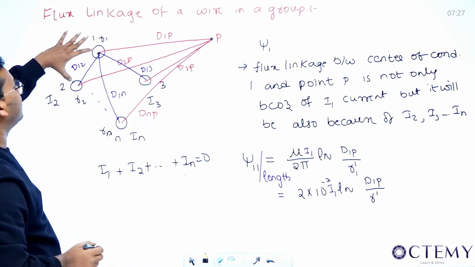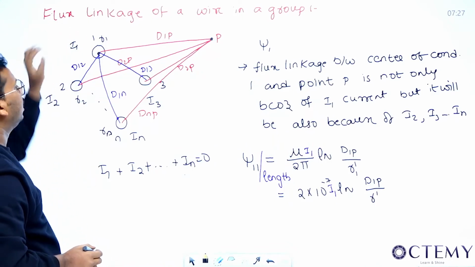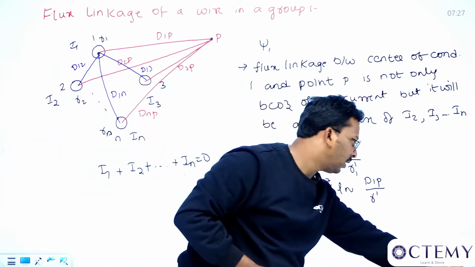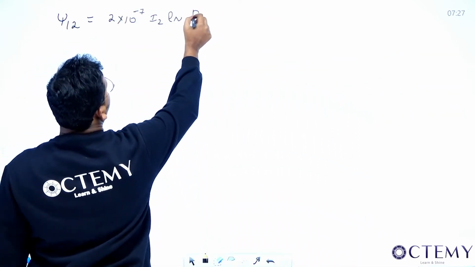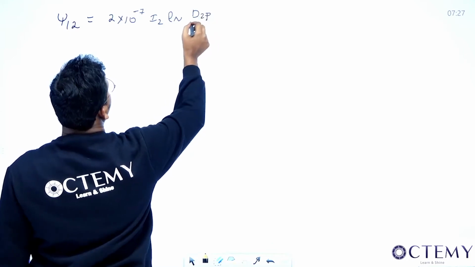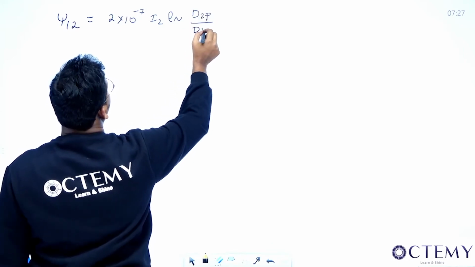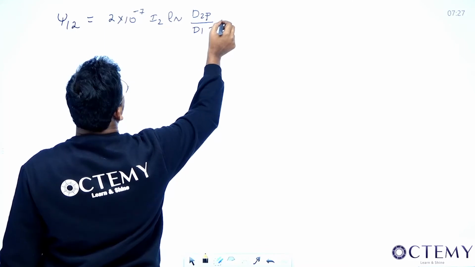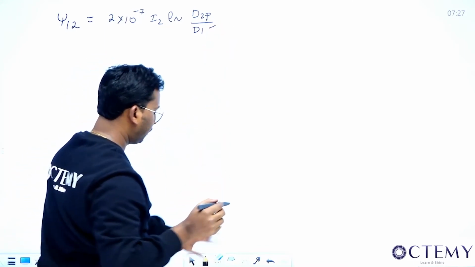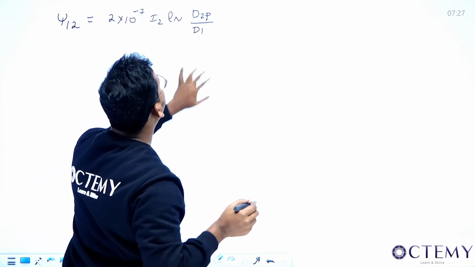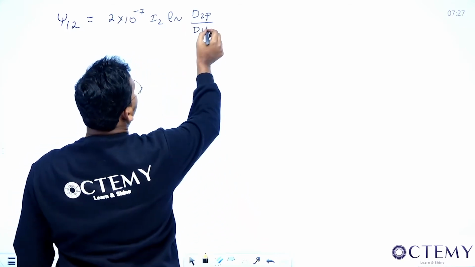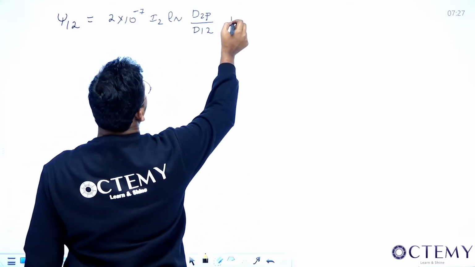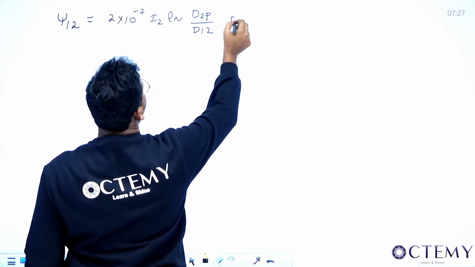The shorter distance is, this is the shorter distance we have to take sir, D12. D2P and D12. Henry per meter. This should be ampere turn per meter.